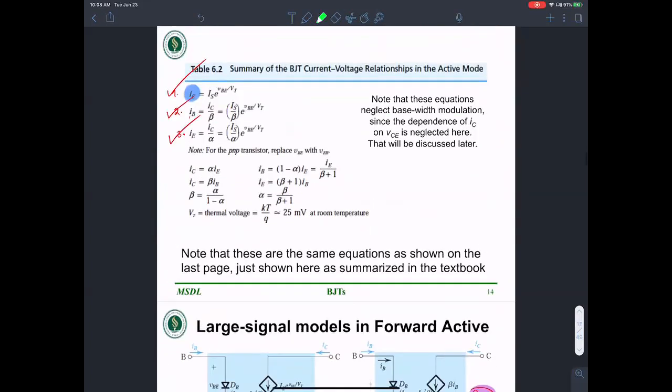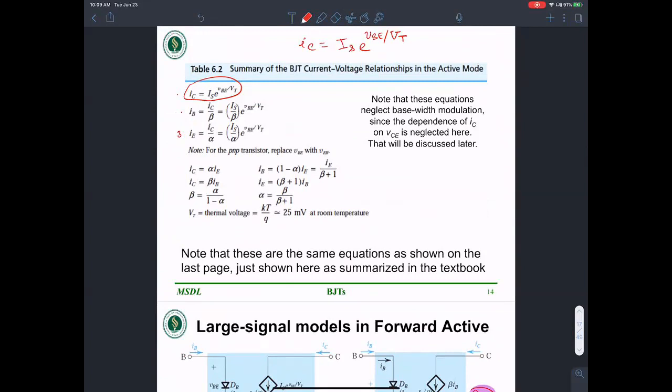All right, so that's what we did in the last class. What we typically do is we use this equation, IC is IS times exponential VBE over the thermal voltage, VT.